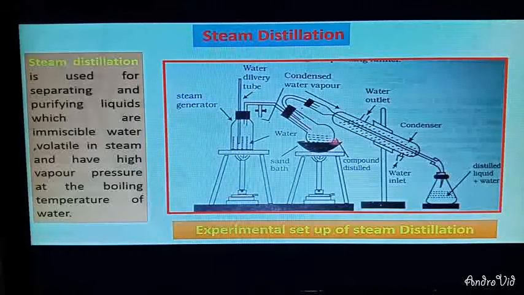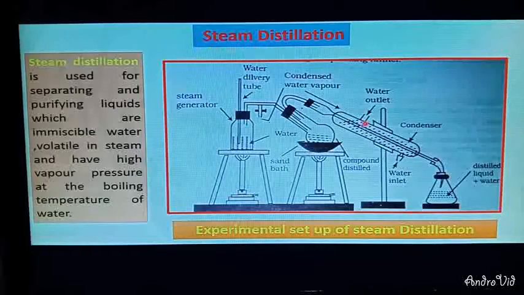When you pass the steam here, as the steam has a temperature near the boiling point of the substances present here, they will be vaporized, and the vapor will enter into the condenser through this way. So this is the condenser. There are two ways: one is the water inlet, another is the water outlet.